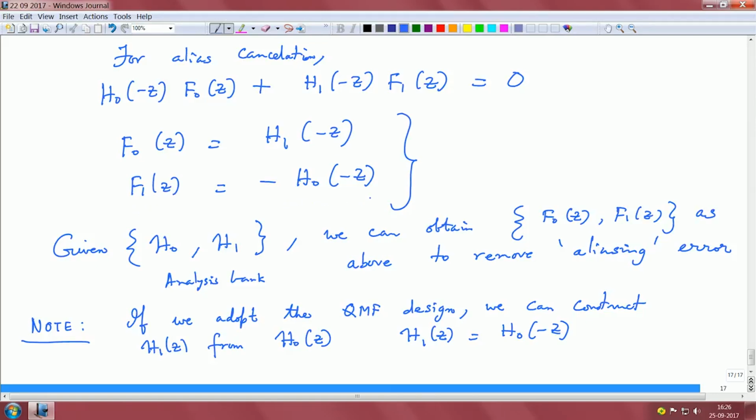So, therefore, given one base filter which is h naught of z, you can construct all the other filters, which is h1, f naught and f1 of the 2 channel filter bank.